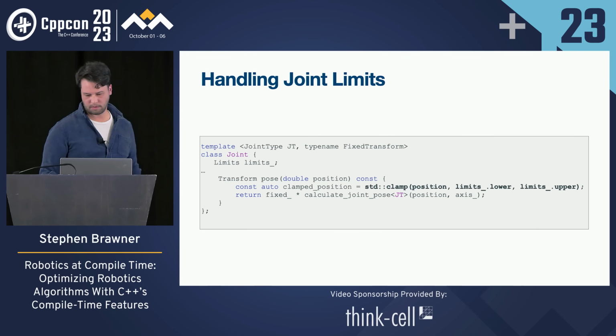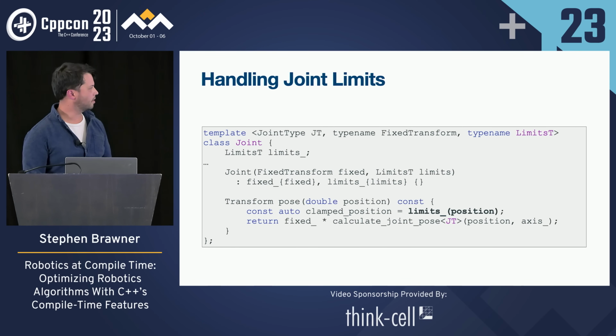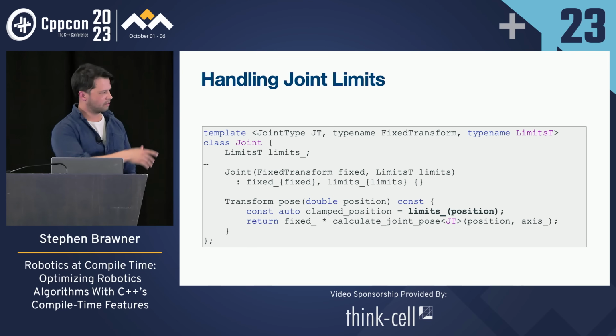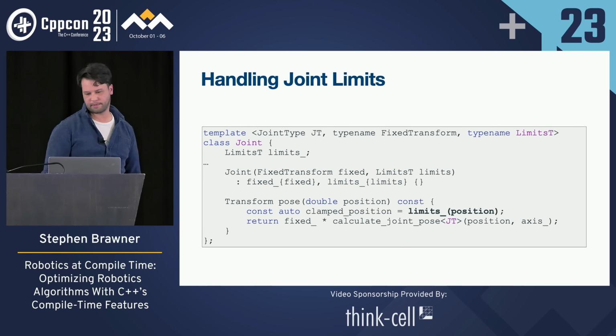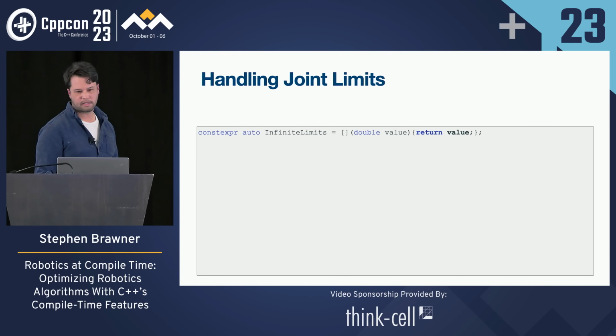And so we'll add in another type parameter, limits, and then we can just overload the call operator to call clamp position. In that case, we can pass in a lambda that's just a no-op.